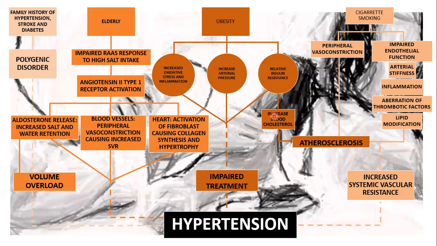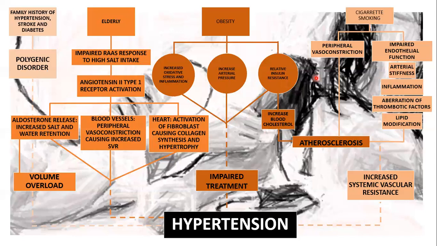And ultimately, it would lead to an increase in blood cholesterol. There would be an increase in the bad cholesterol, the LDL, while a decrease in the good cholesterol, HDL, which would now lead to atherosclerosis, or deposition of cholesterol in the blood vessels because of the dyslipidemia brought about by relative insulin resistance.